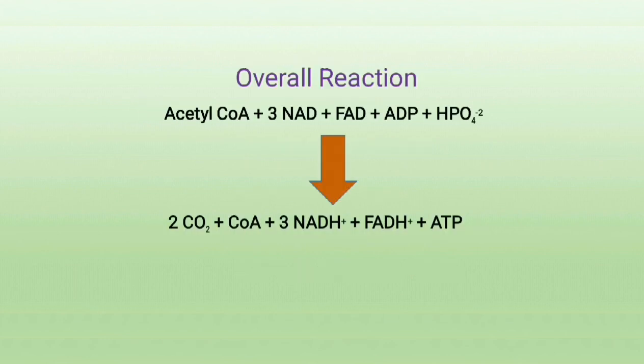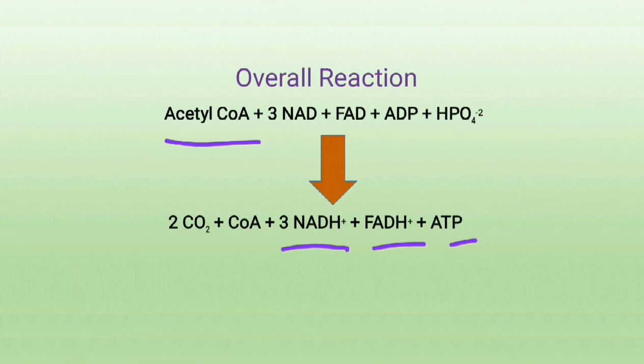And coming to the overall reaction which is happening in the TCA cycle is, for one molecule of acetyl coenzyme A, we have the formation of energy as 3 molecules of NADH, 1 molecule of FADH2 and 1 molecule of ATP.